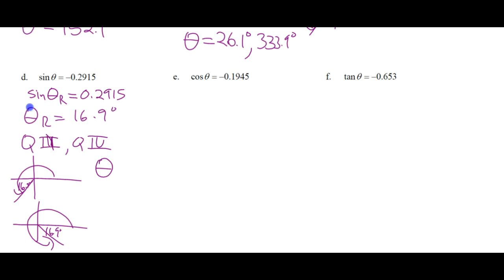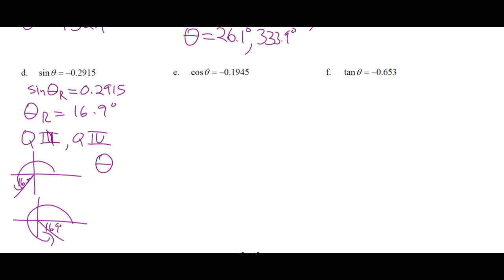Do not attempt the following at home. Just remembering the sketches are for informational purposes only. So 180 plus 16.9 is 196.9 degrees, and 360 minus 17 is 343.1. Thank you.